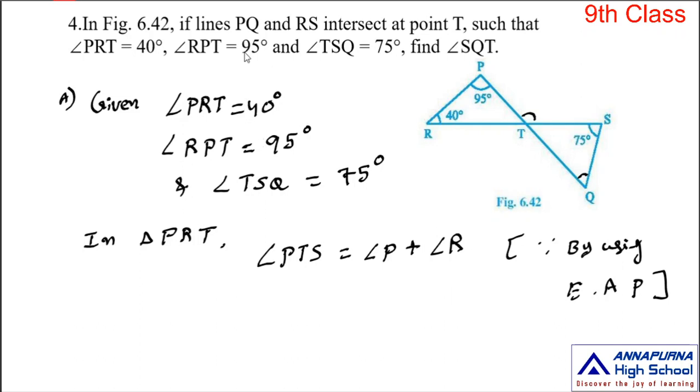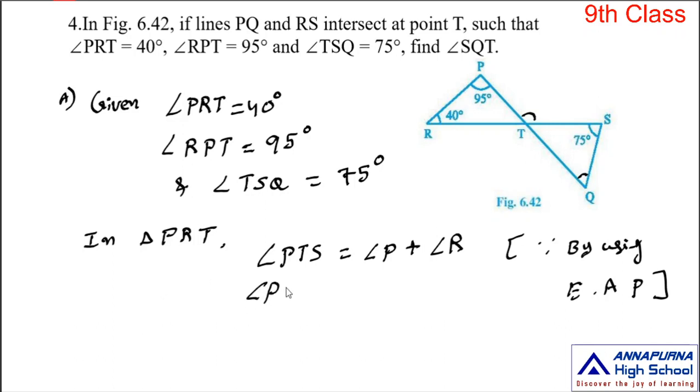Next, substitute angle PRT is equal to 40 degrees. Angle PRT means angle R is equal to 40 degrees. Angle RPT means angle P is equal to 95 degrees. Substitute the two angles in this condition.